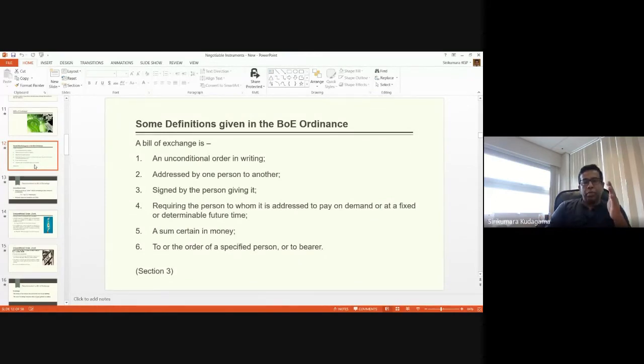Requiring the person to whom it is addressed to pay on demand or at a fixed or determinable future time. So it can be on demand, it can be at a fixed time, or at a determinable future time, right? All three things are there.